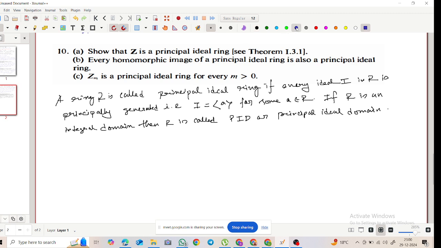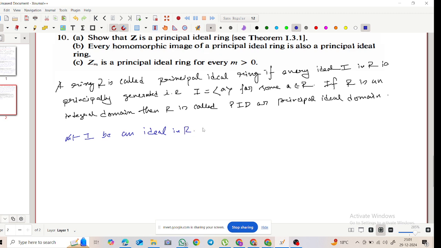So let I be an ideal in R. Okay, if I is 0, then we are done.